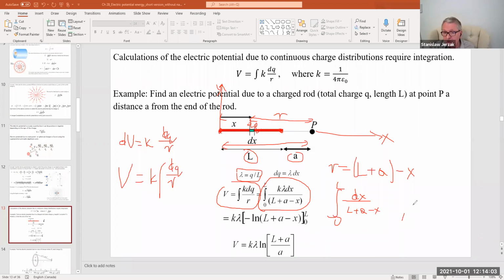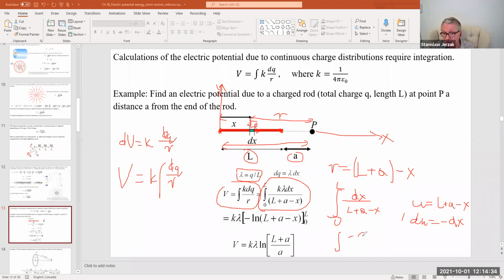So if here you substitute u is equal to L plus a minus x, then du is equal to negative dx, because L and a are constants. So then you can change the variable from x to u, and this integral will become, instead of dx, you write negative du, because du is equal to negative dx. So dx is equal to negative du.